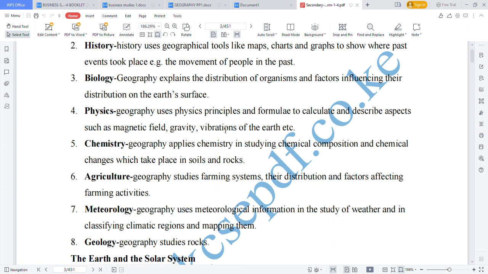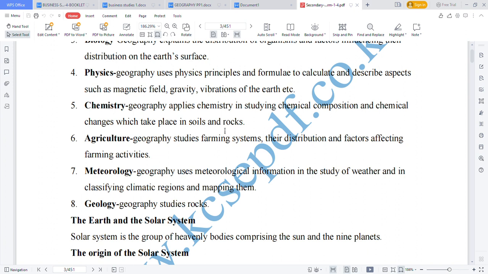Why do you need physics while doing geography? Geography uses physics principles and formulas to calculate and describe aspects such as magnetic fields, gravity, and vibrations of the earth. So that's why we need physics. Why do you need chemistry?